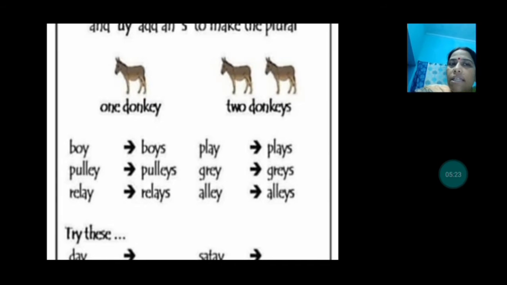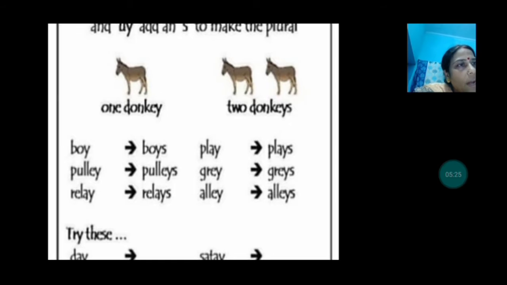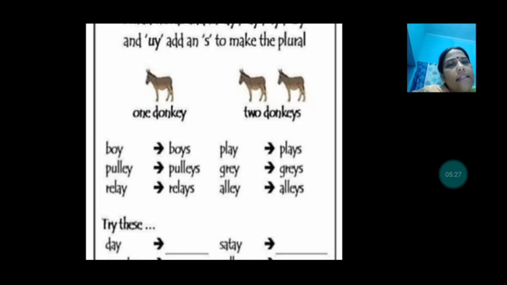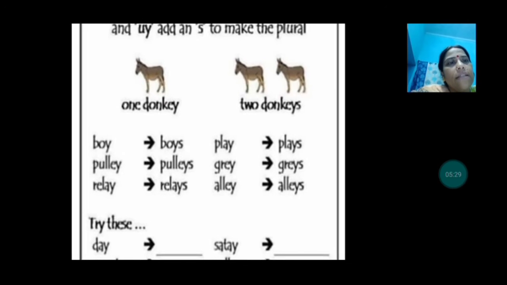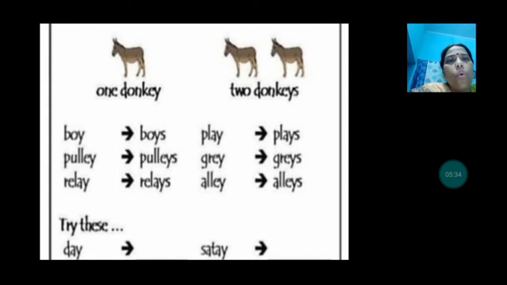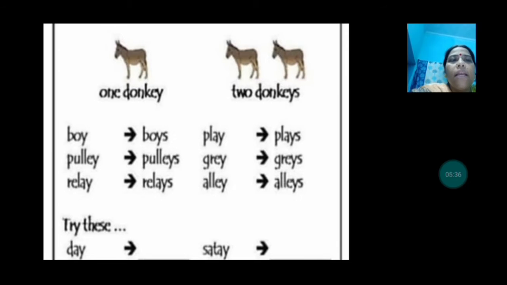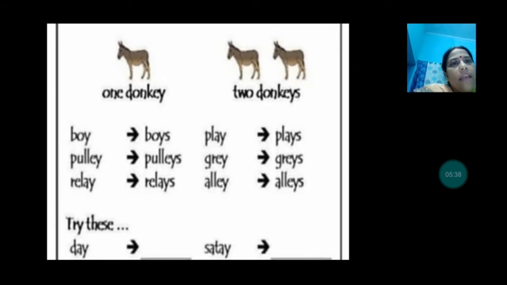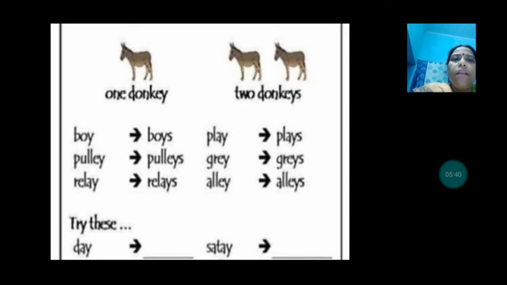You know that a, e, i, o, u are the vowels. Like in boy you have the vowel o before y. In donkey we have the vowel e. In pulley we have the vowel e before y.